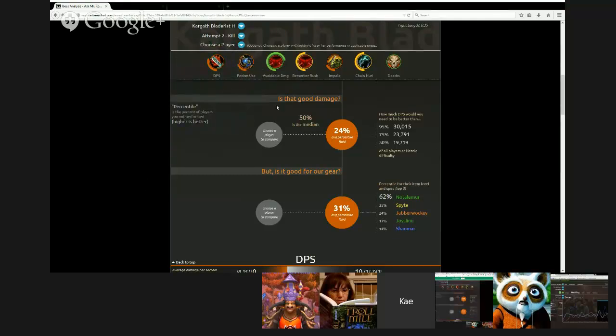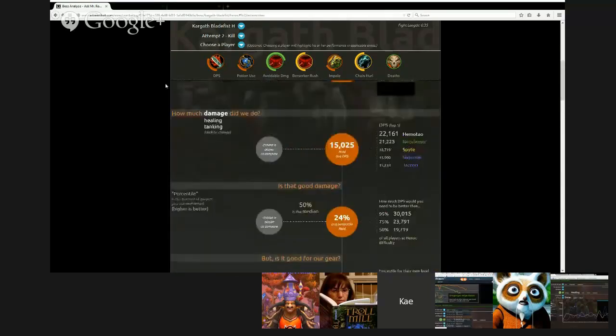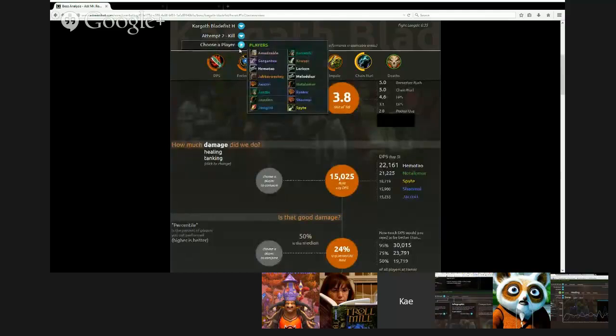First of all, it breaks down here, and once you have your person selected, it'll tell you. I don't want to pick anybody because I haven't got anyone's permission to showcase their stuff. But if I click on myself, you can pick any of them. You can pick me if you want.